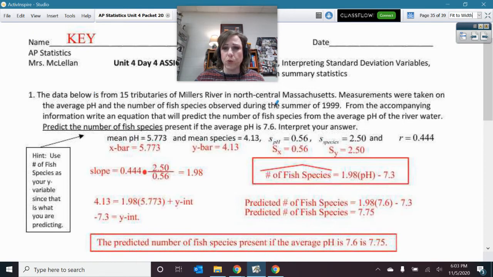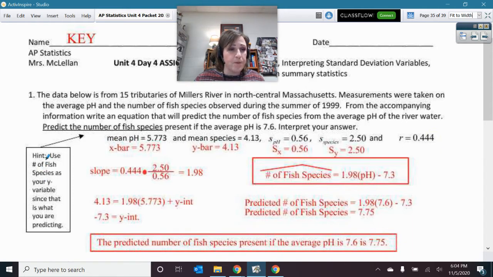As I read through, I recognized that the things they're giving me are the mean points, the standard deviations, and the correlation coefficient. So I think that's the other way to get the LSRL. Then I ask, which is the x variable and which is the y variable?